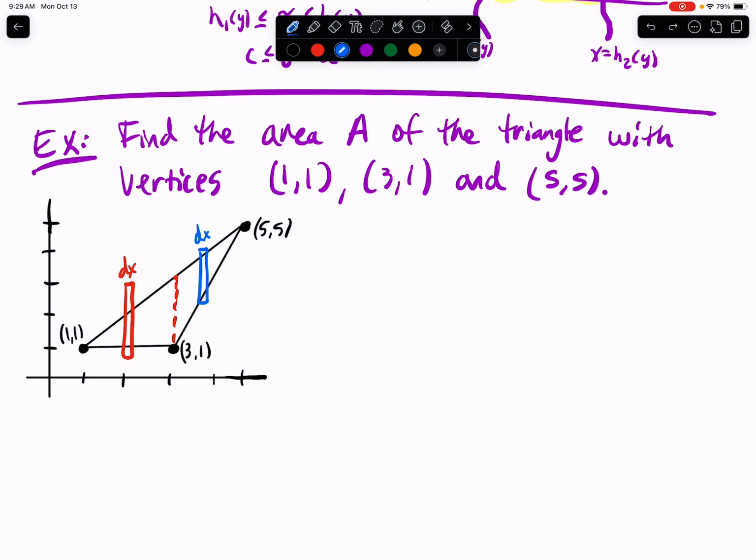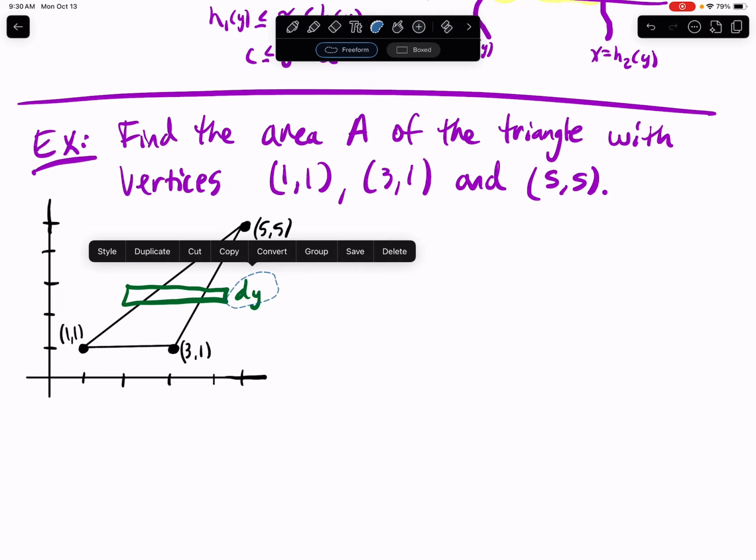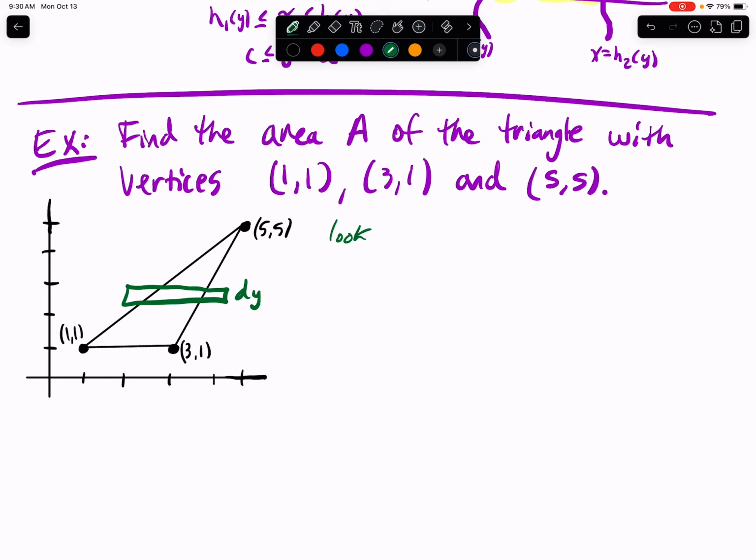So it doesn't look x easy. What about y easy? Is the left always the left and the right always the right? If I draw this dy, everywhere I go through here, the left is always the left side, the right is always the right side. So that definitely looks to be y easy. And if you need a refresher on the y easy topic, go to my Calc 2 lessons or the videos on YouTube and look up the y easy integration.